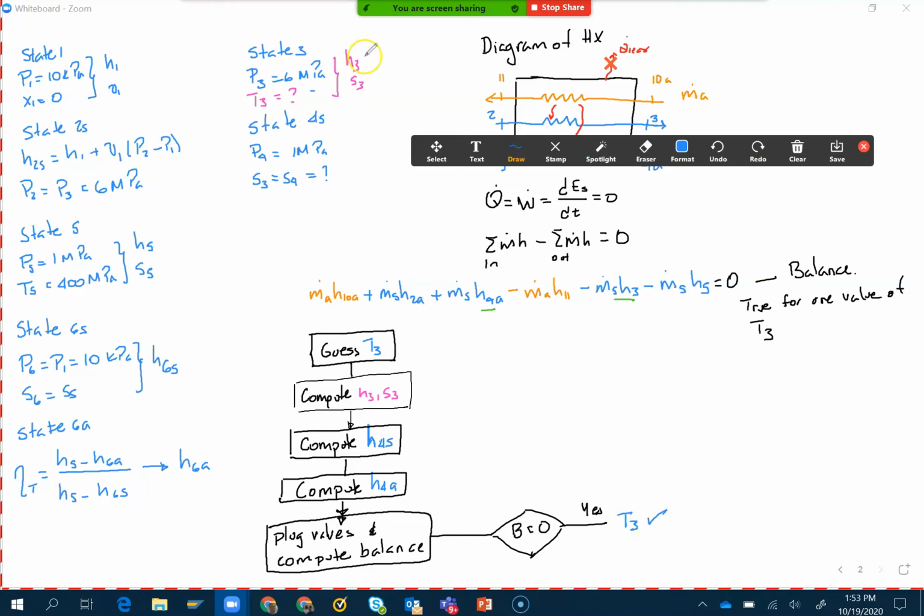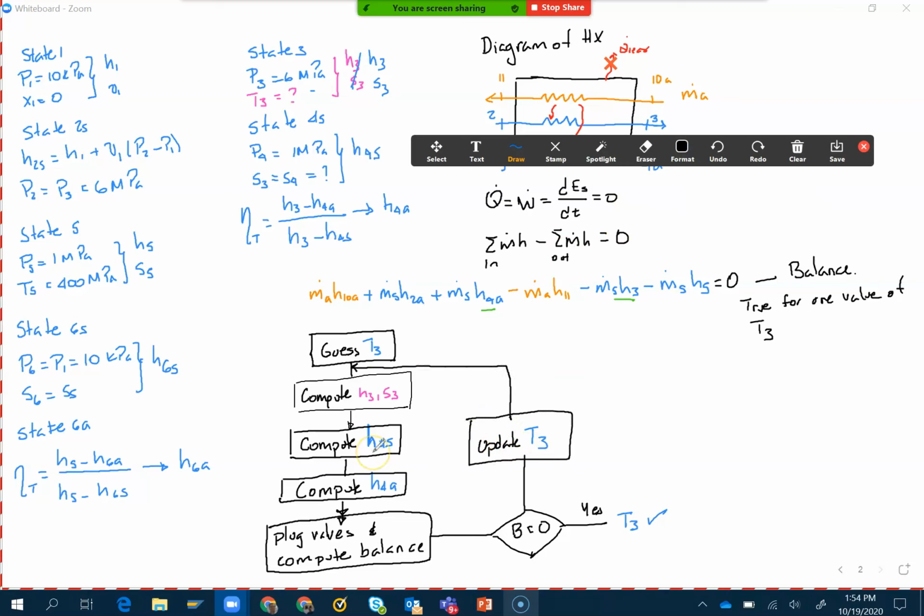And if we know T3, these values will change to S3. We're going to compute H4s, and then using the isentropic efficiency of the turbine, we're going to get H4a. If the answer is no, we need to update and return to the iteration.